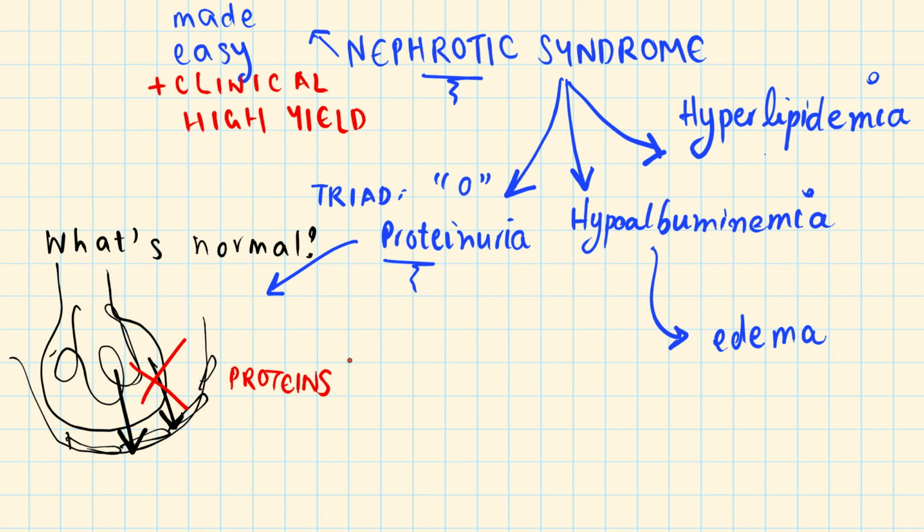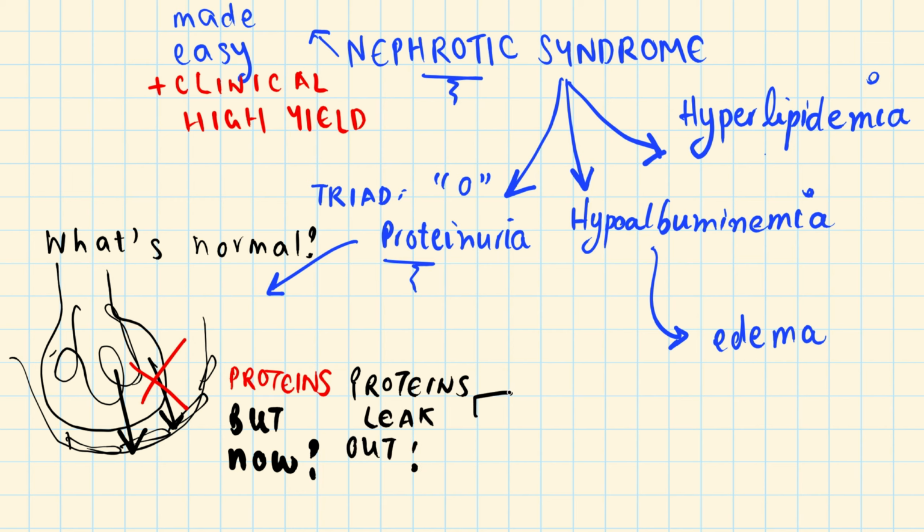The proteins are bigger molecules and typically, normally, they're not supposed to pass through. What's abnormal, hello, nephrotic syndrome, is that now you're going to get passage of proteins out of the glomerulus into the kidney tubules and excreted, and that will then cause proteinuria.